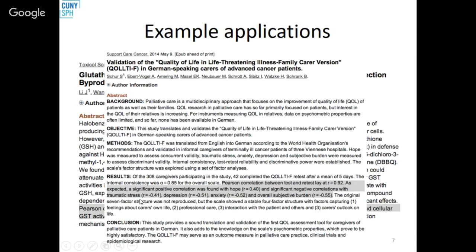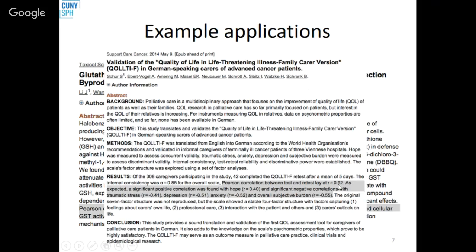I believe all this paper was about was validating a quality of life score, where a questionnaire was given to the participants, with related questions that are supposed to tell you something overall about quality of life. Looking at the results here, the Pearson correlation between test and retest was 0.92.